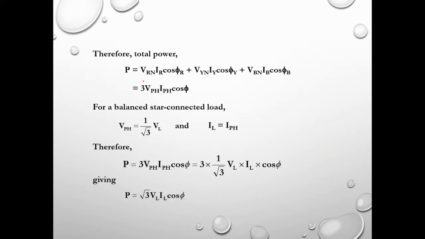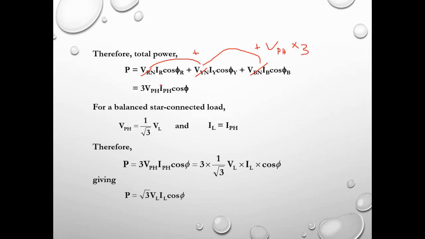Therefore the total power P is equal to VRN IR plus VYN IY plus VBN IB. Since these three, VRN, VYN, and VBN, are all V phase, they are all equal, so we just multiply VPH by 3.